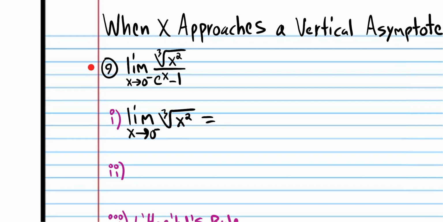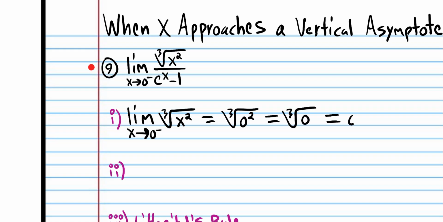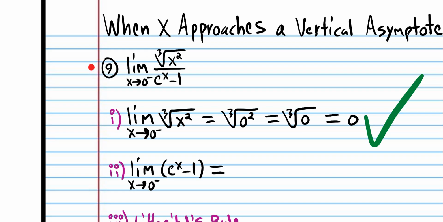So we have a continuous function here. So we can just plug in 0 for x. And so far it seems that we can use L'Hopital's rule. So let's determine what's happening to the denominator as x approaches 0 from the left.